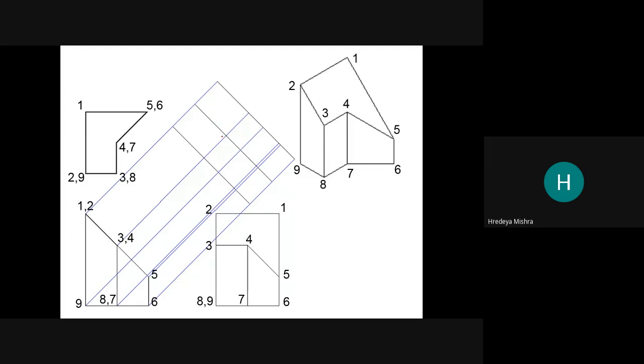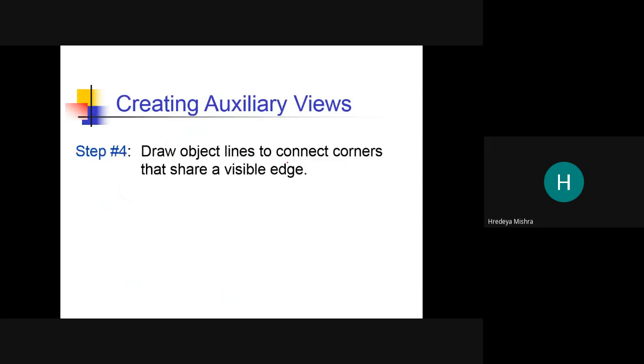So what can we observe? We are going to observe the true shape of this surface. So we can put the points 1 and 2. This is 3 and 4. So mark the 3 and 4. 9, 8 and 7, 8 and 7 in the same line, 5 is here, and 6 is here. And now we have to draw the object lines to connect the corners that share a visual edge.